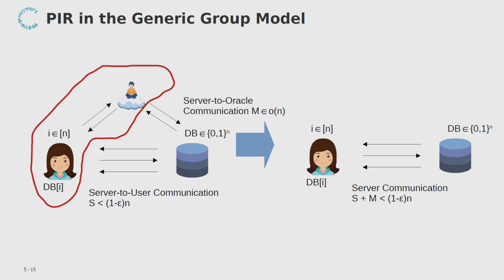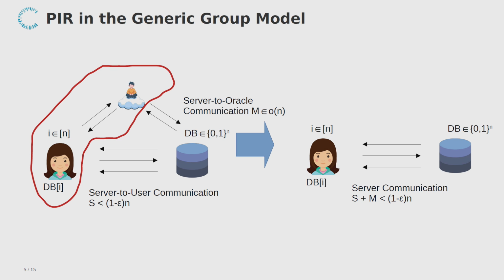If on the left side we had a server communication that is less than the entire database, and server to oracle communication that is small o of the entire database, then the communication of this modified protocol is still less than the entire database. And so we removed the generic group model, but we still have a non-trivial private information retrieval. That's the core of this paper.